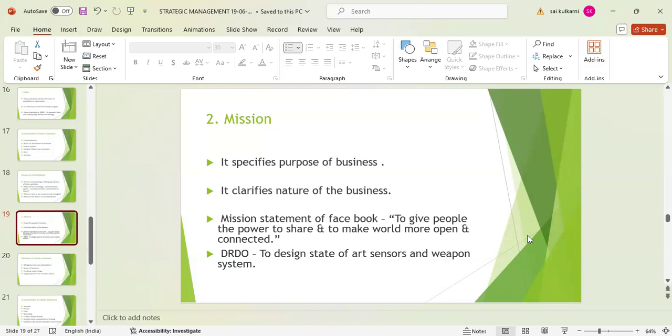Now see, there are two examples in this slide. Mission statement of Facebook. You are all aware of Facebook and well known about all the facts. Now, the mission statement of Facebook is to give people the power to share and to make the world more open and connected.